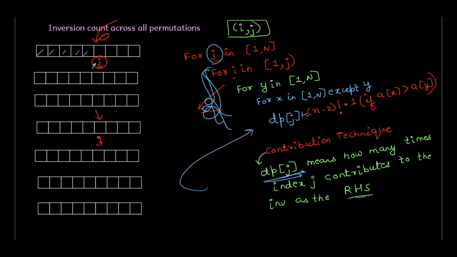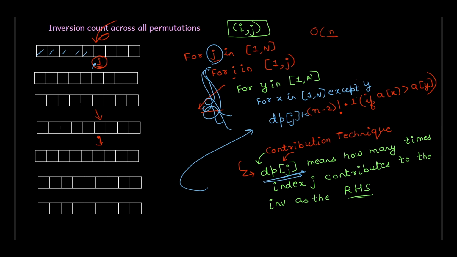Now, not that it changes anything, but having the compression of the contribution technique just based on a single index might be helpful in future problems. It will not be helpful right now, right here, because we can only optimize it by a factor of n here.